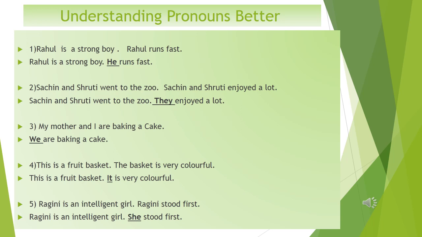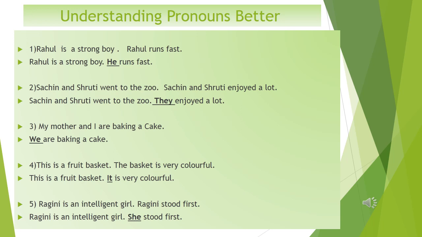Now, why will you use the pronoun it over here? Because basket is an object and you cannot write he, she, they and we for an object. So, your sentence becomes, this is a fruit basket. It is very colorful.